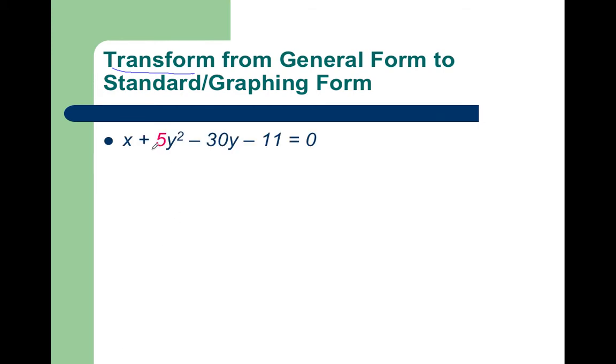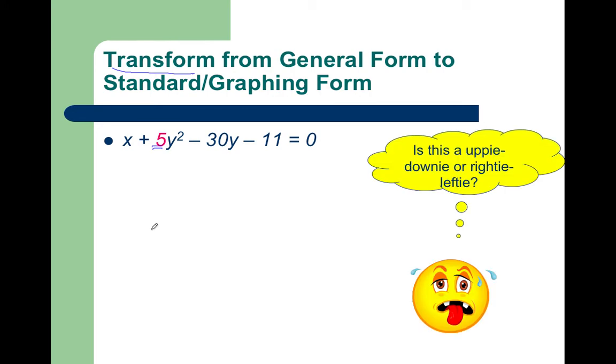So I only have a y squared, no x squared. So I say to myself, is this an uppy, downy, righty, lefty? Since a is equal to 0, this has to be a righty, lefty, right or left, because a is equal to 0.